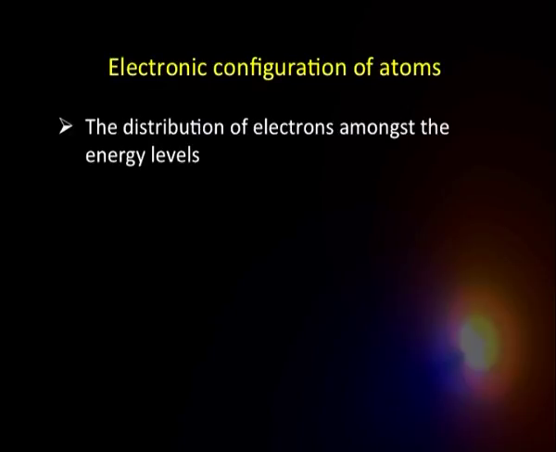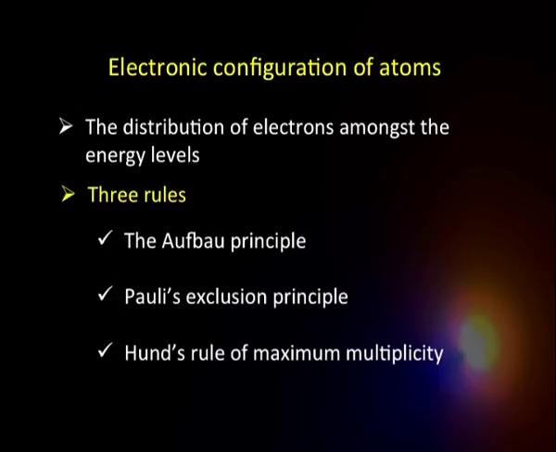Since there is more than one electron, we have to understand how these electrons distribute amongst the energy levels, and that is referred to as electronic configuration. So electronic configuration of atoms primarily means the distribution of electrons amongst the energy levels. And for this there are 3 very important rules.